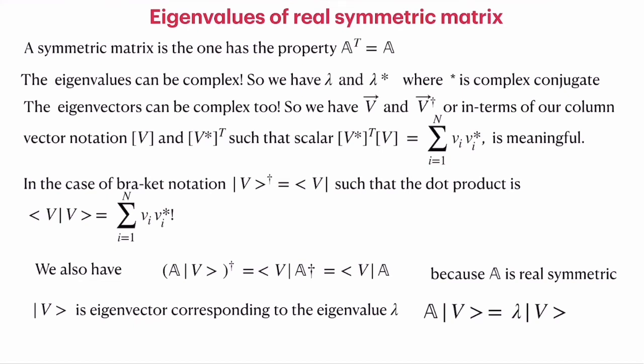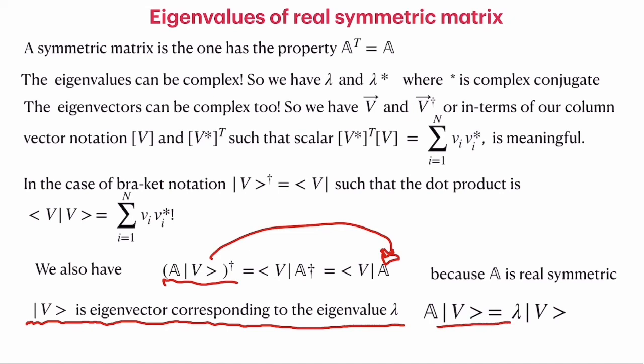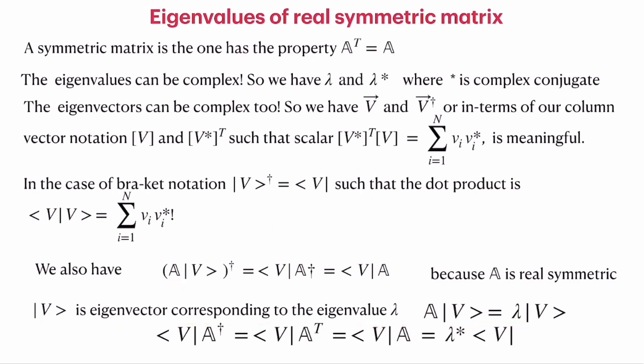Then that is expressed in terms of an equation like this, and we go over a series of expressions which indicate all the properties of our real and symmetric matrix and its eigenvalue. Let's take V dagger.